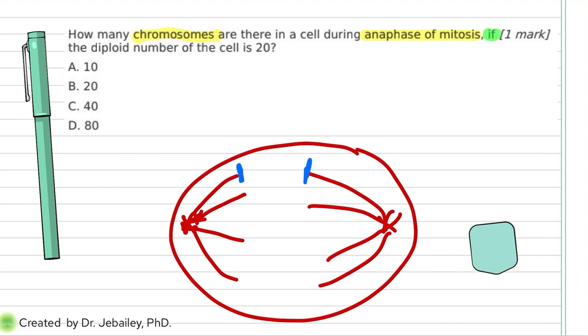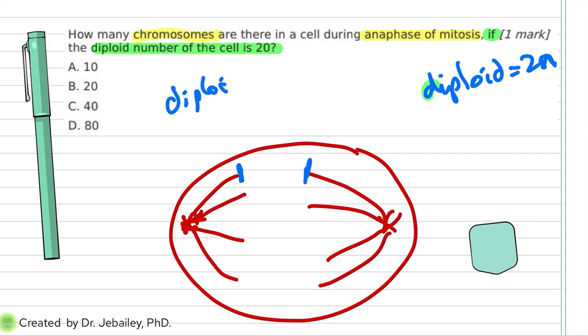Now, here comes the next piece of information. It says if the diploid number of the cells is 20. So what does that mean? Diploid is basically 2n. What does 2n mean? The total amount. For example, look at us humans: our diploid number is 46.